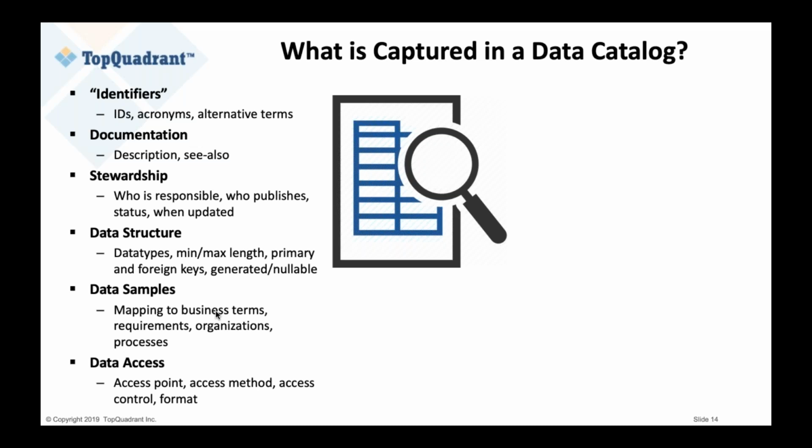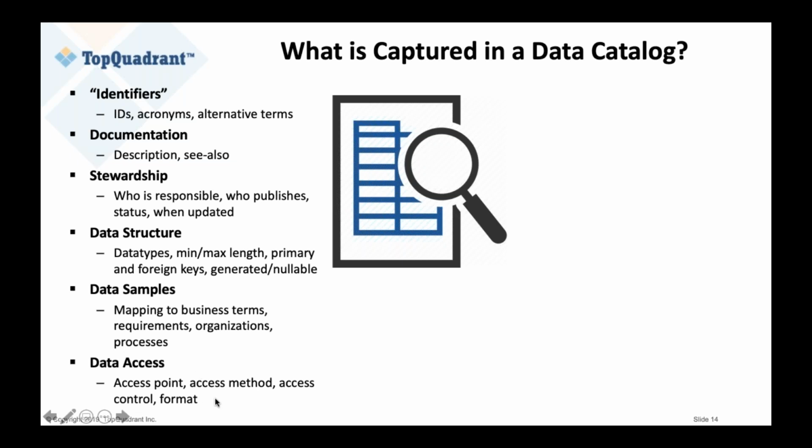If it's a database, we may have information about primary and foreign keys, nullable, etc. We would also possibly have data samples and some traceability information, such as mapping to business terms, mapping to organization processes, requirements.